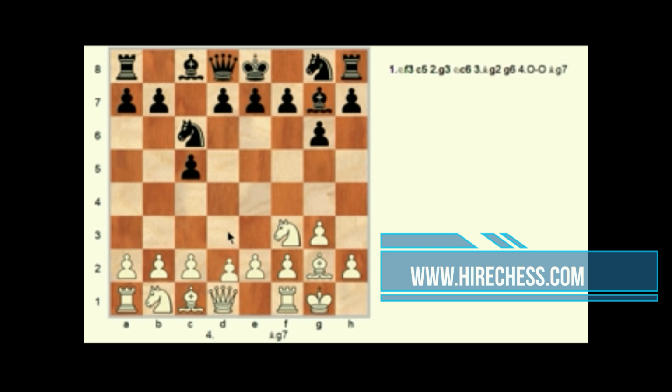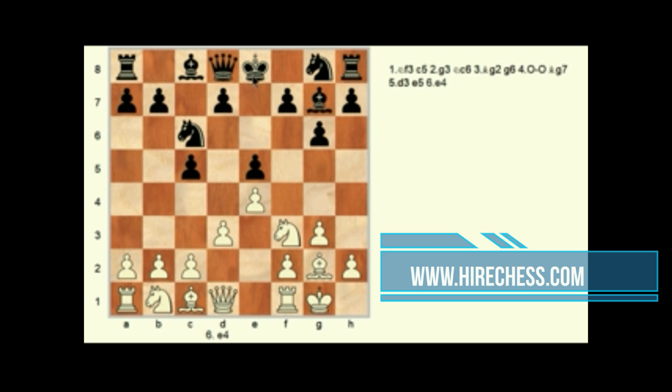White moves d3. So for this, if black moves e6, then that is variation 3 and variation 4. But in variation 5, black moves e5. So to prevent this pawn from moving ahead, white moves e4 to block the e5 pawn.